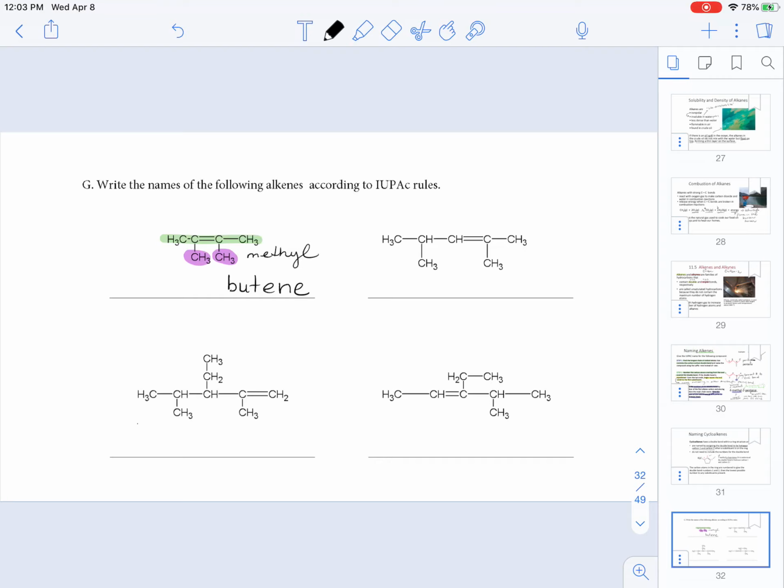And we have to number the longest carbon chain, in which this is carbon 1, carbon 2, carbon 3, carbon 4. If we number in this example left to right or right to left, it's going to give us the same numbering, which is what I mentioned, what it means to be equidistant.